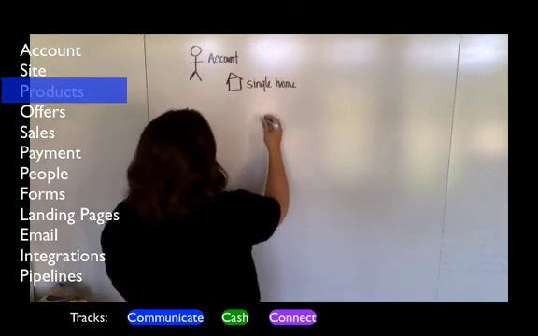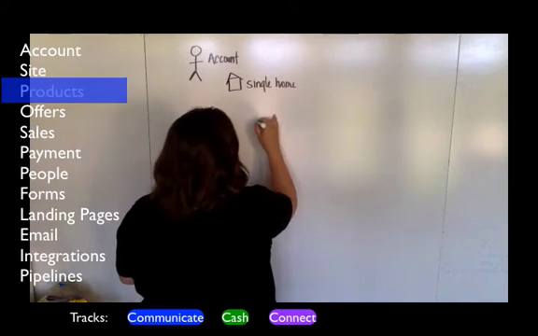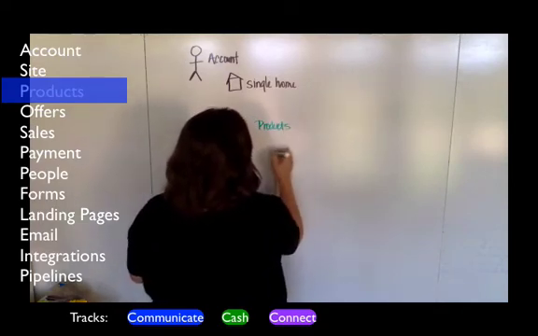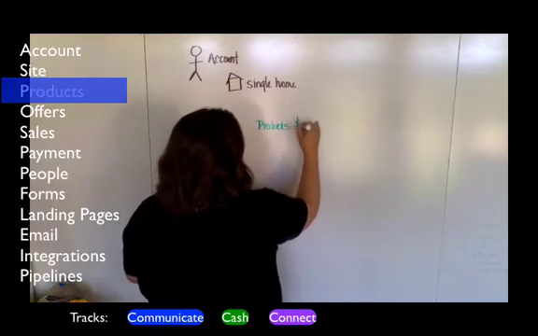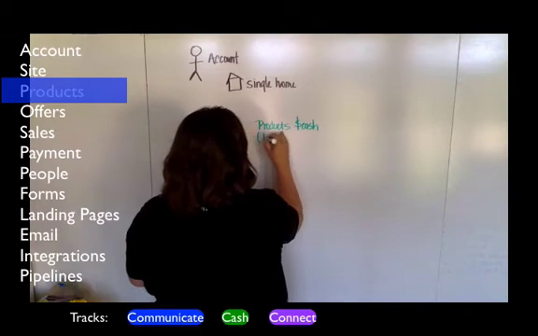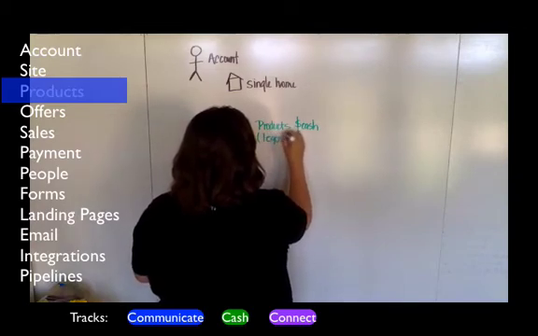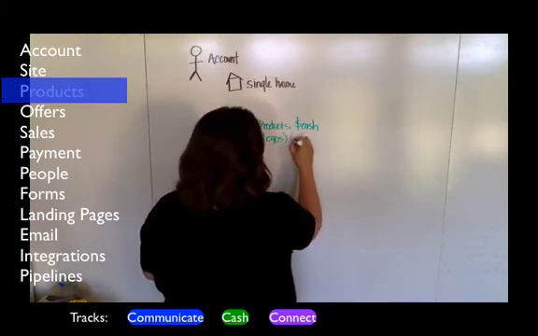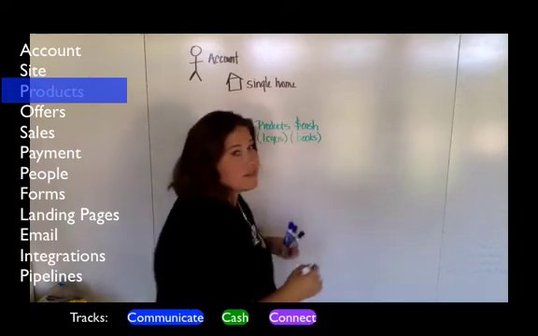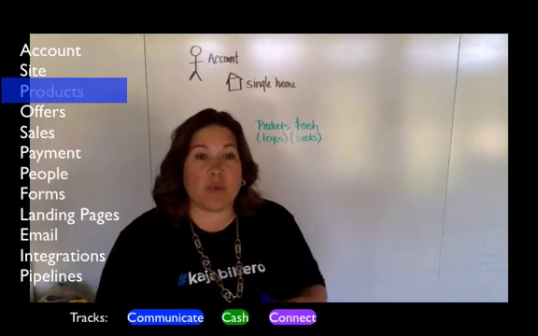So on our home, we have products, and I'm going to do that in green, because products are part of the cash system, the cash track, and our products are the Legos. They're also our books, okay? So that is products.